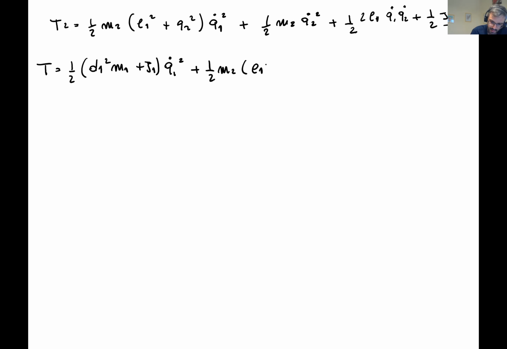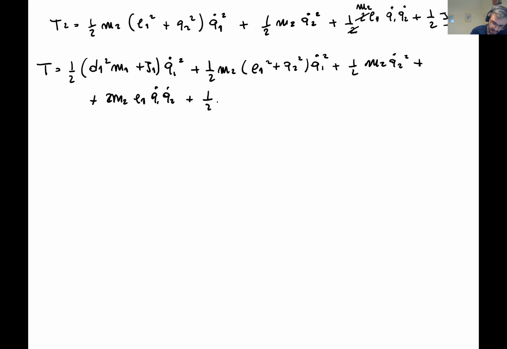We collect again L1 squared plus Q2 squared plus 1/2 M2 Q2 dot squared plus M2, sorry, this was M2 here, L1 Q1 dot Q2 dot, and finally the rotational part.